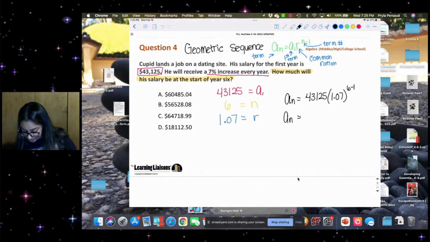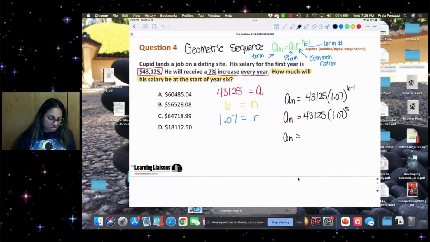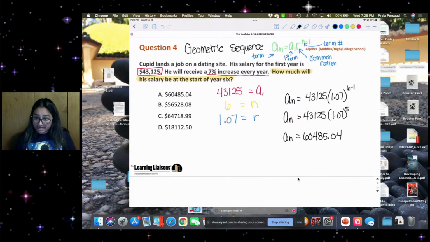So a_n is equal to 43125 times 1.07 to the 5th power. a_n is equal to a lovely number of $60,485.04. Ready? Winner, winner, chicken dinner.